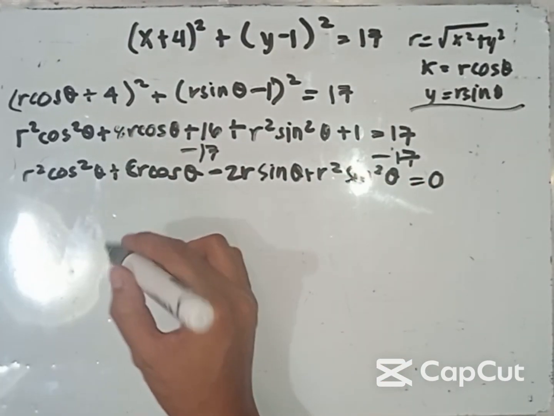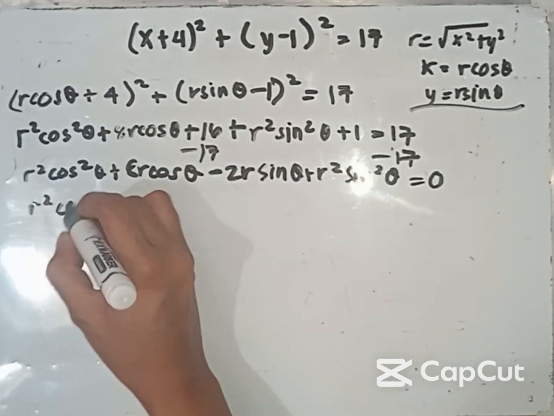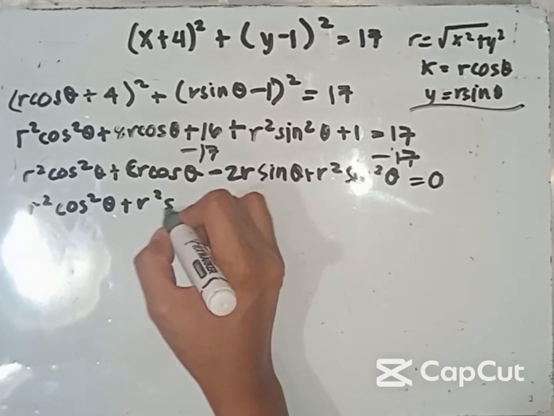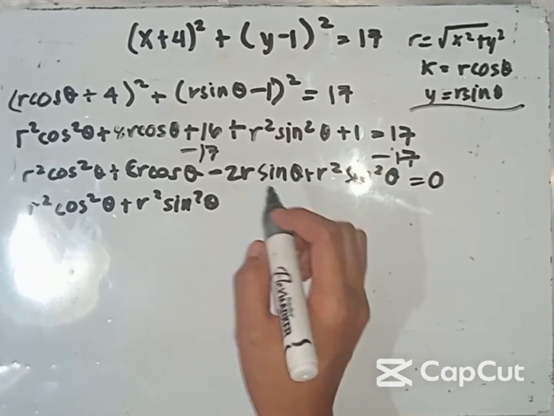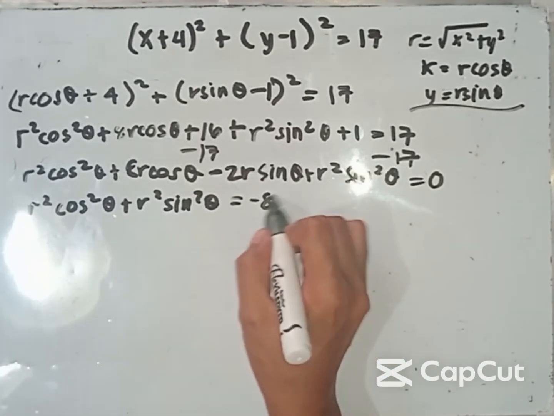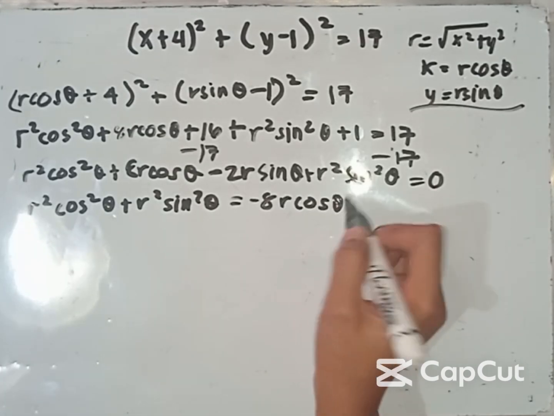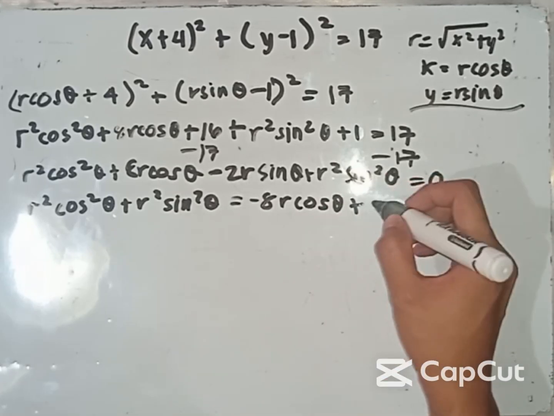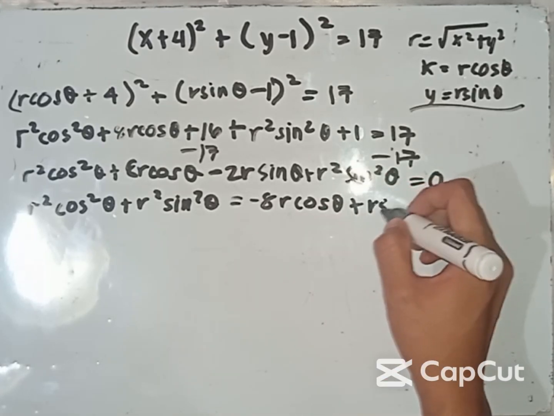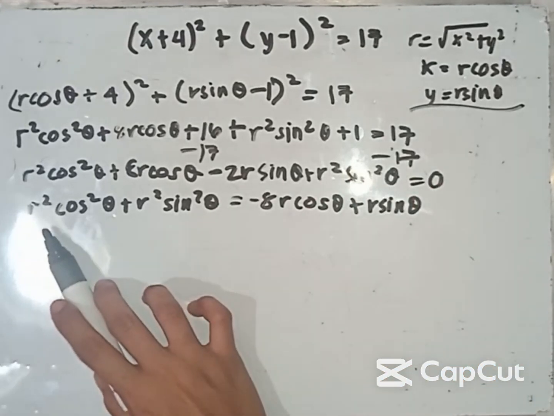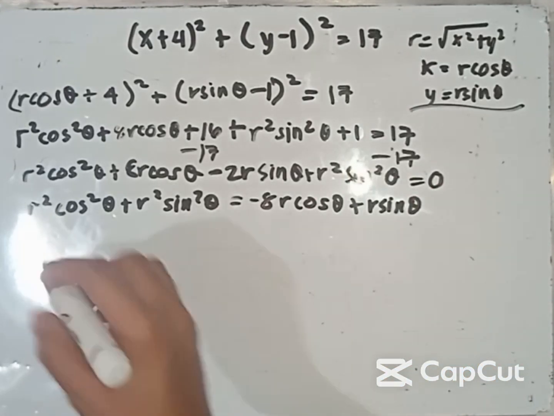So this would give us r squared cosine squared theta plus r squared sine squared theta is equal to negative 8r cosine theta plus 2r sine theta.